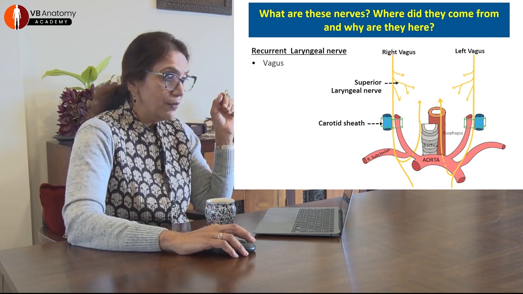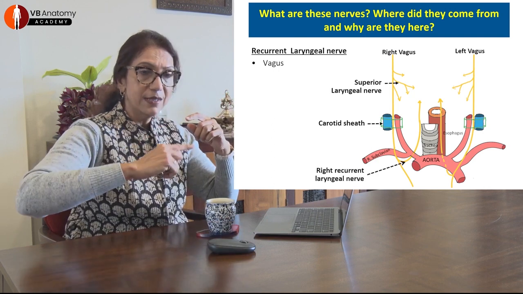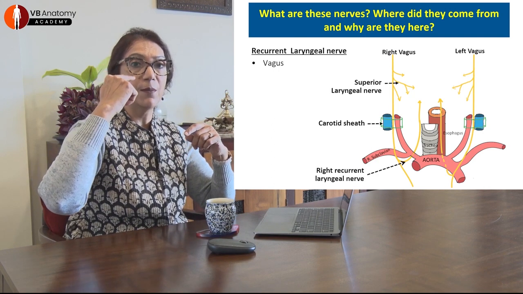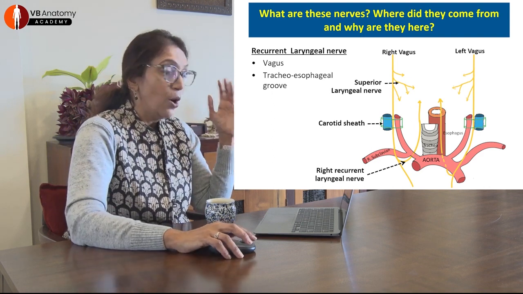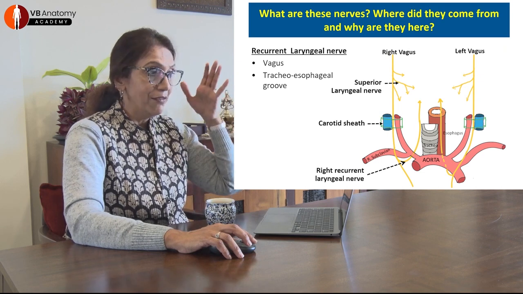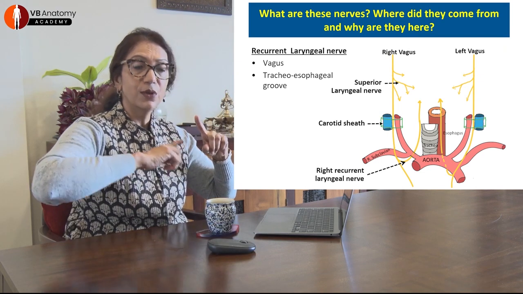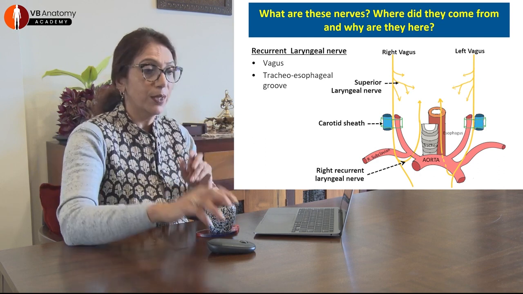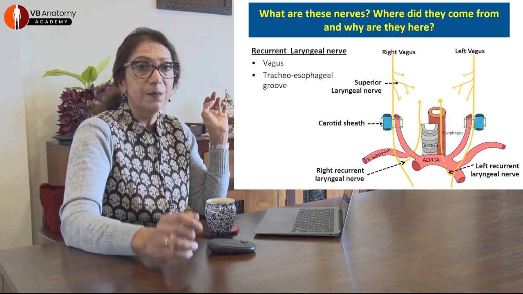The right vagus gives rise to the right recurrent laryngeal nerve that winds around the subclavian and comes back up in the tracheoesophageal groove. On the left side, however, the left vagus descends down in front of your aorta, giving rise to a nerve that winds around your aorta and comes back up as the left recurrent laryngeal nerve.